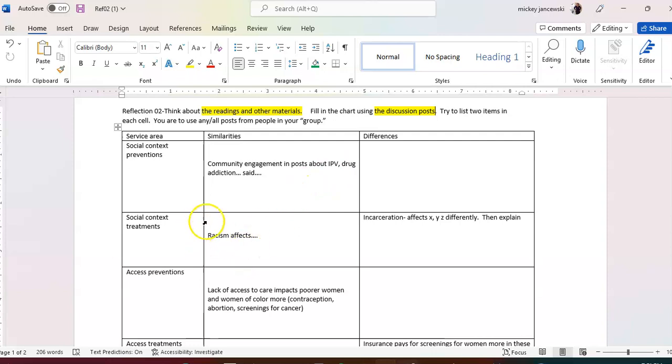Or maybe under similarities, racism is a social context element. Maybe there are several people who talk about how racism is a problem in treatment of whatever their condition is. So that would also be a similarity.